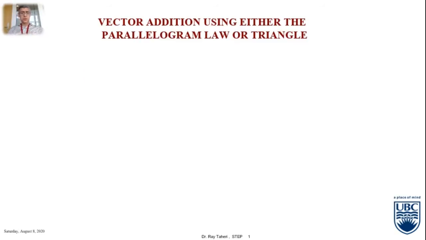So let me introduce you to a very simple law, which is called the parallelogram law for adding two vectors. It's a very simple geometrical representation of adding two vectors, but often this is not the case in statics. Sometimes you have more than two. They are not coplanar, and they would be much more complex.